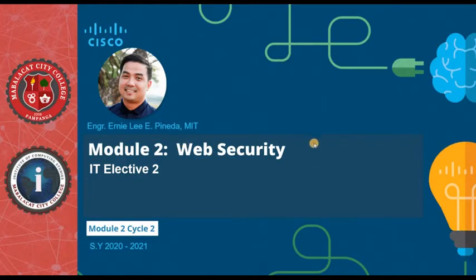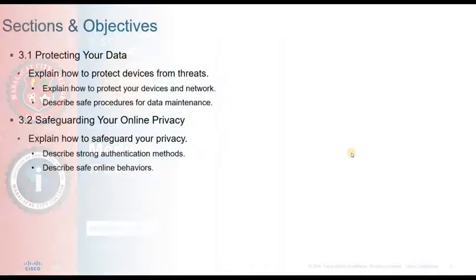Alright, so for this week's discussion, we're going to talk about how to protect your data and how to safeguard your online privacy. We're going to take a look at the different parameters on how to protect devices, number one, from threats, whether internal or external.